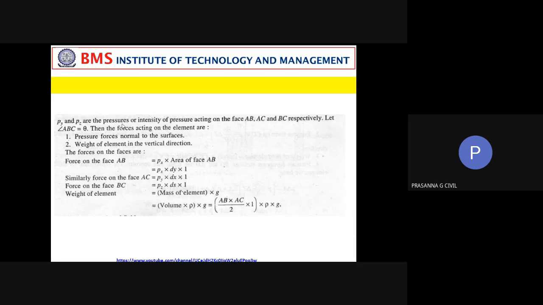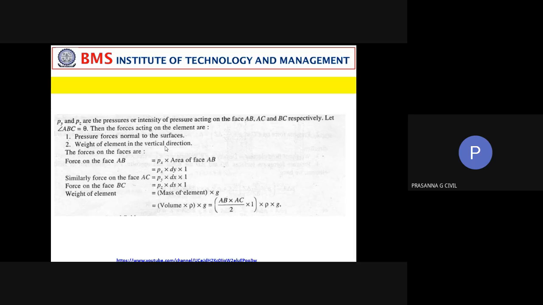Then the forces acting on the element are, one, the pressure force normal to the surface, and second, the weight of the element in the vertical direction. So on all 3 faces you have the pressure intensity, and then you have the weight acting vertically downward.